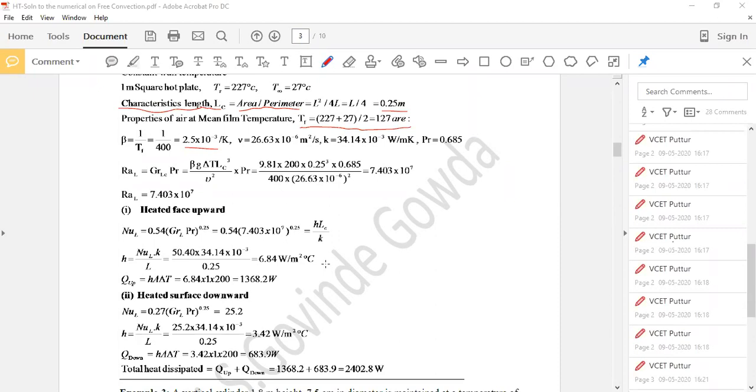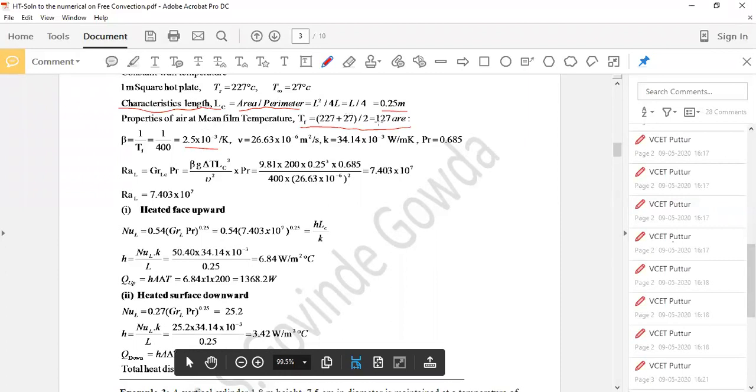Roughly, even if you read at 130 degrees centigrade, because 127 is nearer to 130, it is just the average between 120 and 140, so life will be very comfortable. However, I have presented here the values exactly with interpolation.